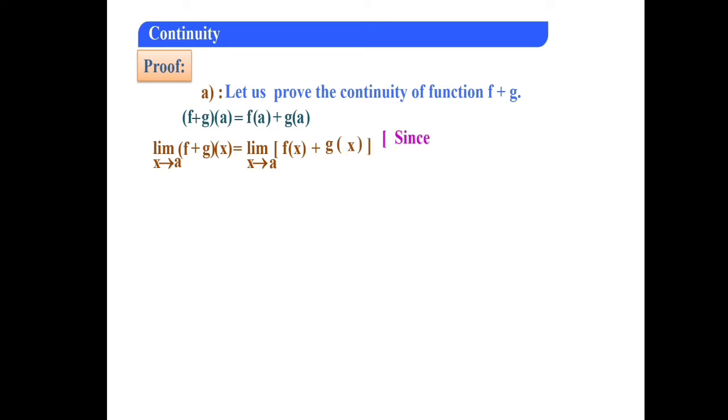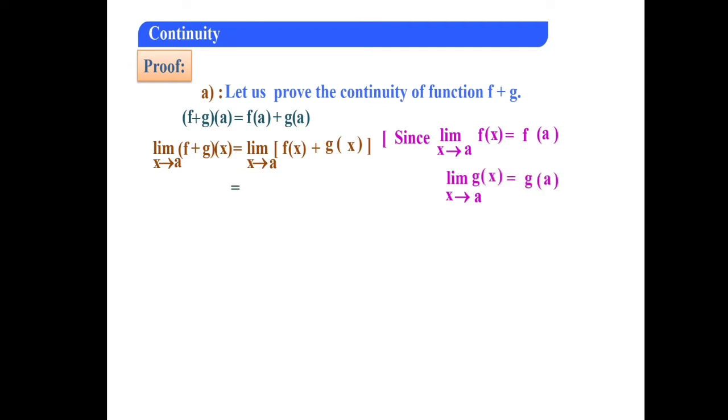Now, limit as x tends to a, f of x is continuous. What does the limit of f of x become? It becomes f of a, because f of x is given as continuous. Therefore, the limit as x tends to any point should be equal to f of a. Similarly, limit as x tends to a of the g function is also g of a.